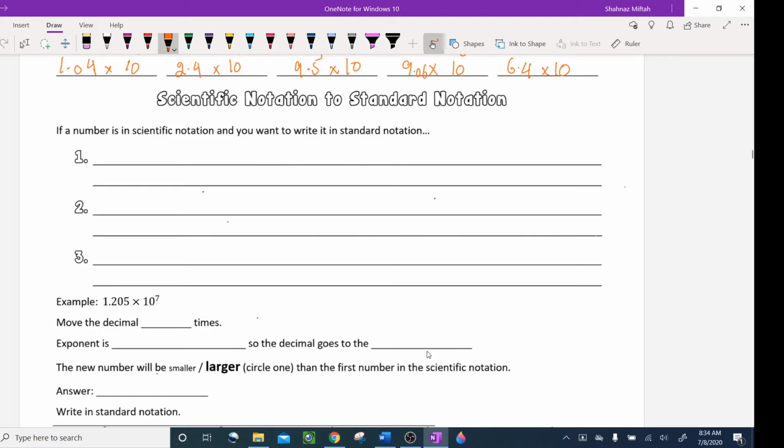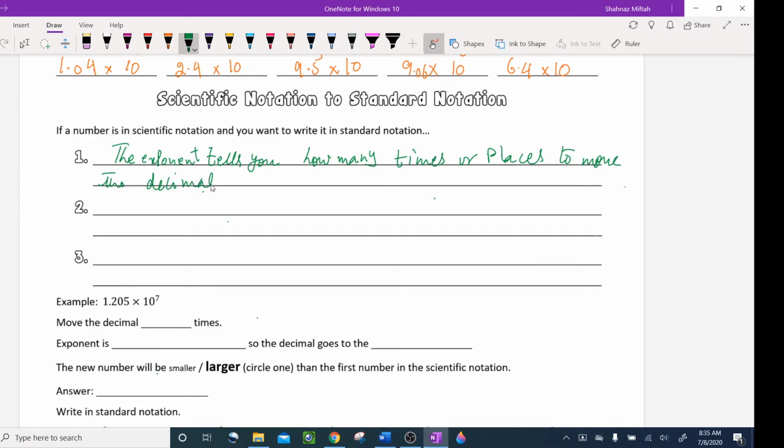Let's try scientific notation to standard notation. Okay, steps again. The exponent tells you how many times or places to move the decimal point.